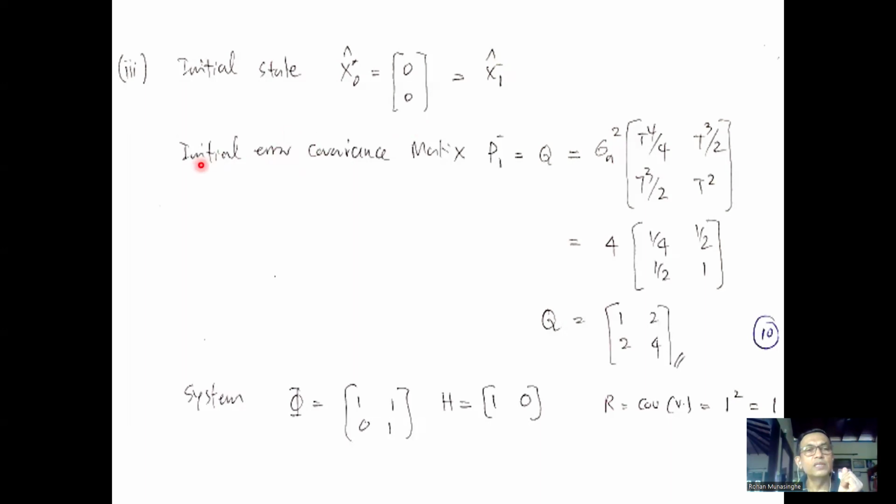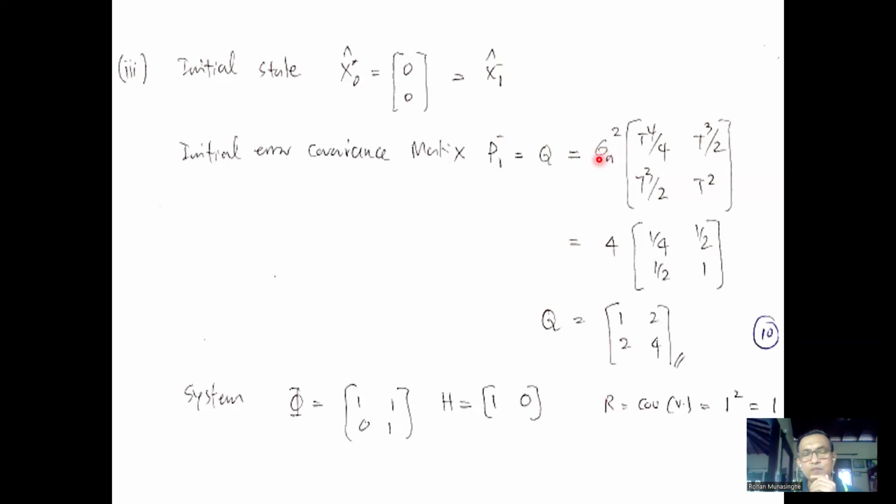Then we calculate the initial error covariance matrix, that is P1 negative. I assume it to be the covariance matrix I have already derived, which is this one. Remember, previously we derived that one. Also, we are given that the standard deviation of the acceleration is 2 meters per second square. That was the standard deviation of the random accelerations produced by these gas thrusters.